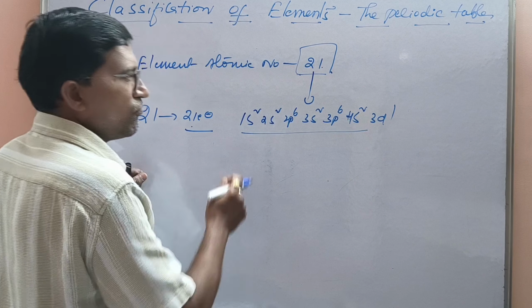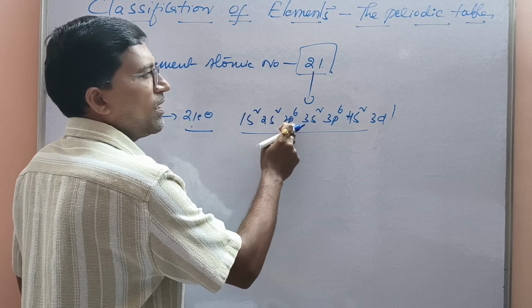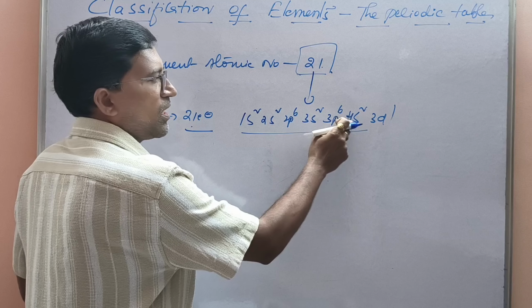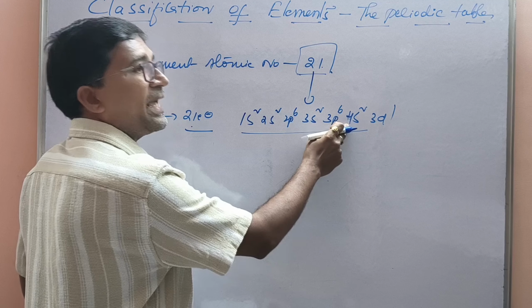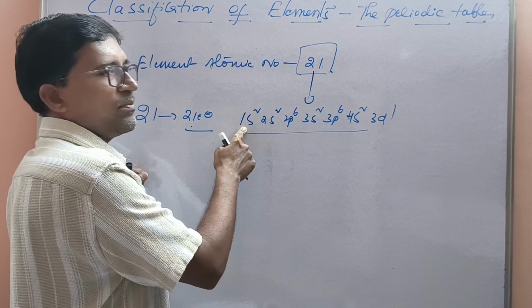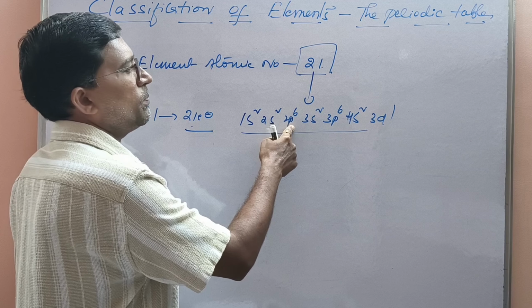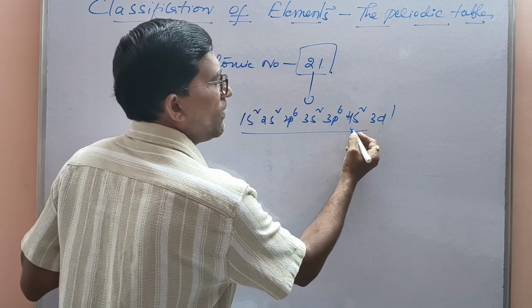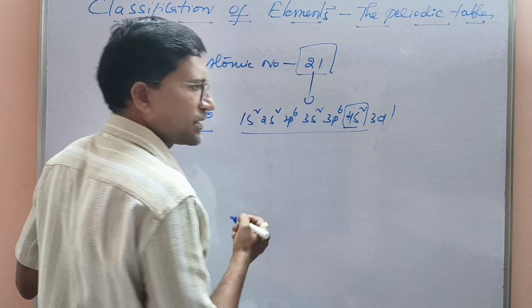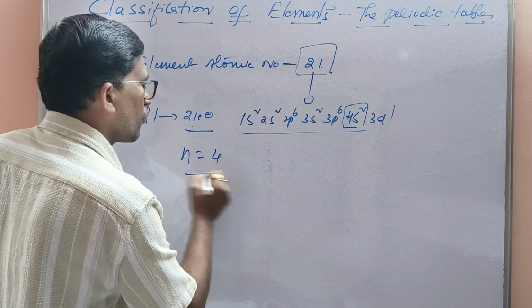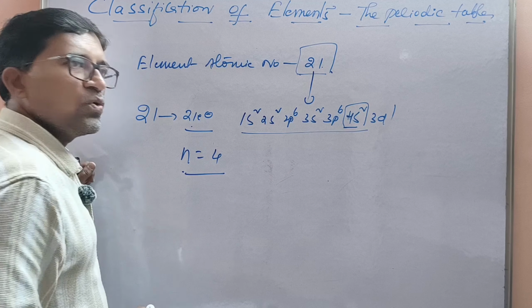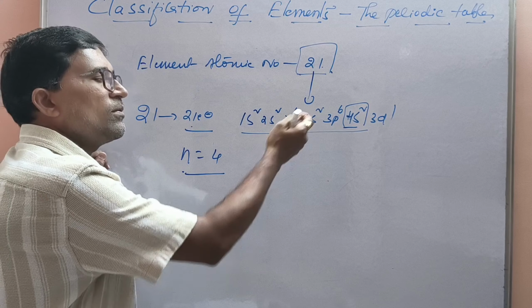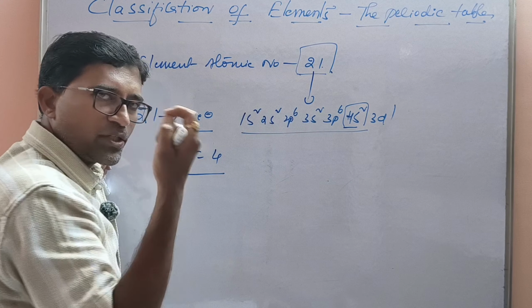So in any given configuration, if you observe the entire configuration of that particular element, you have to understand one thing: which orbital has the larger n value, 1s, 2s, 2p, 3s, 3p, 4s, or 3d? Among all these, the n value is maximum for 4s, so here n is equal to 4. The n value which we write in front of the respective orbital gives rise to the period number.